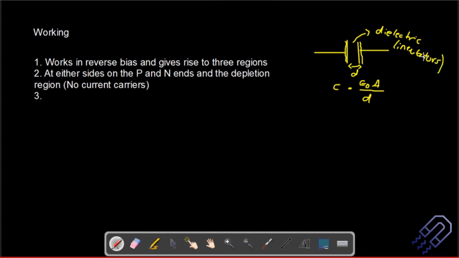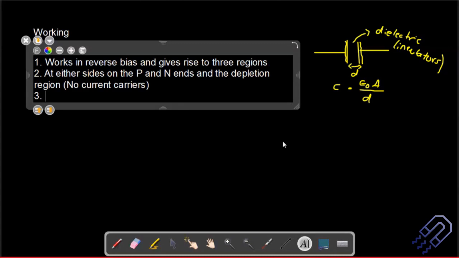So what is the insulator in this varactor? The insulator in this varactor is nothing but the depletion region. So the depletion region will act as an insulator. So we can compare it with a capacitor. We can say the depletion region acts as an insulator. So that is important.